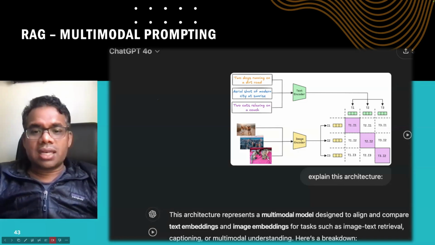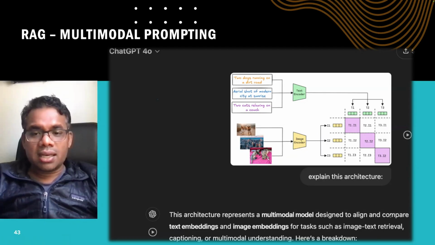So it's trying to explain: this architecture represents a multimodal design to align and compare text embeddings and image embeddings for tasks such as image-text retrieval, captioning, or multimodal understanding.